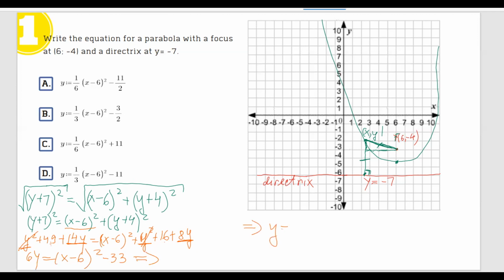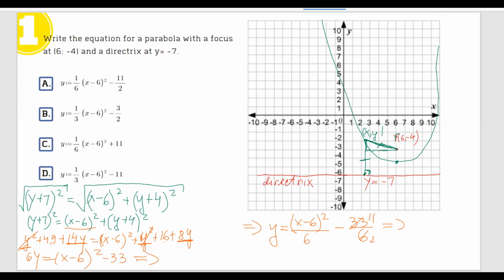y is equal to (x minus 6) squared over 6 minus 33 over 6. And of course, if we divide both sides by 3, we're going to get 11 and here 2.